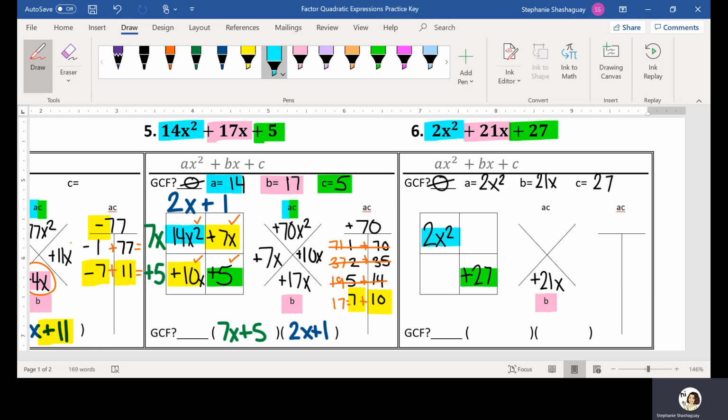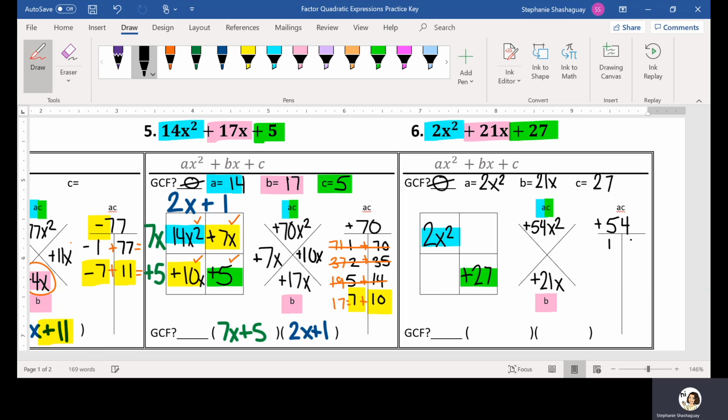A times C, so 2x squared multiplied by 27 is going to give me a positive 54x squared. Now I need to find the factors of a positive 54 that are going to add together and give me a positive 21.